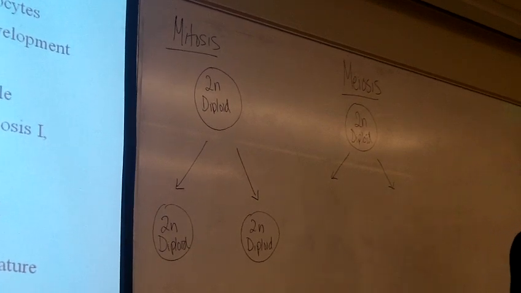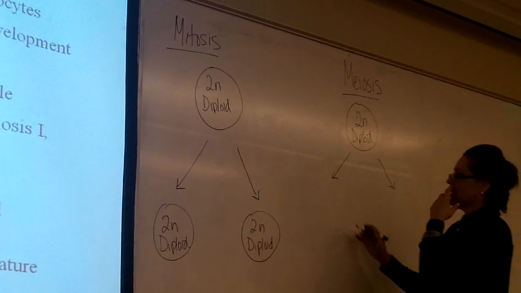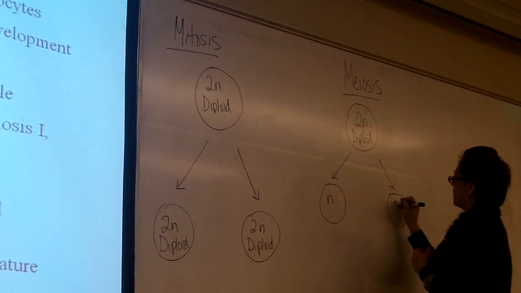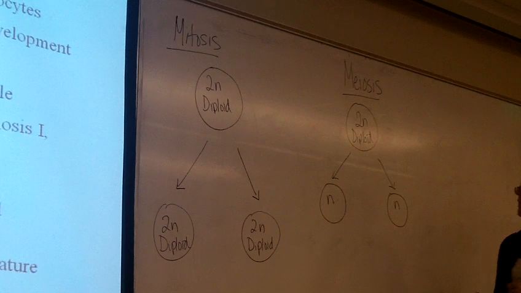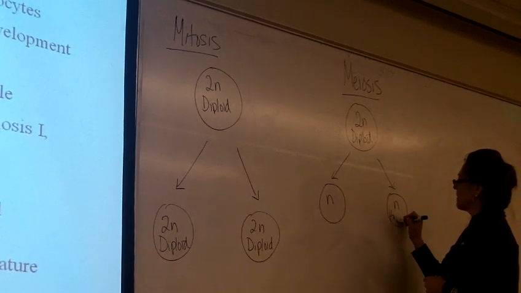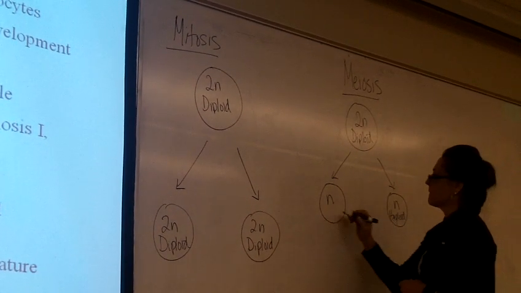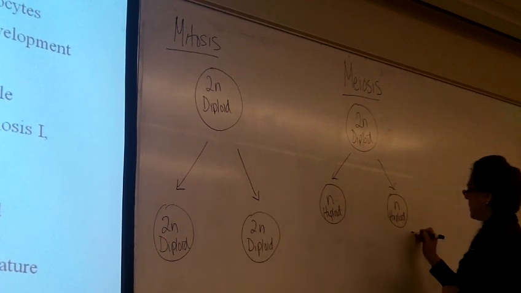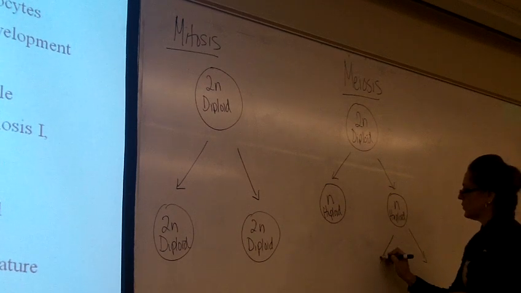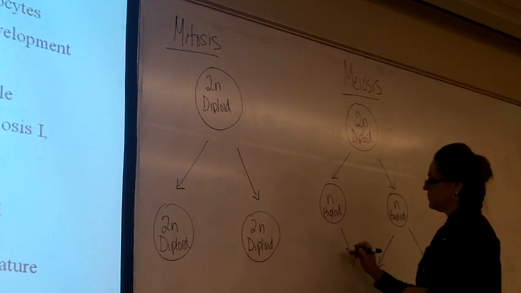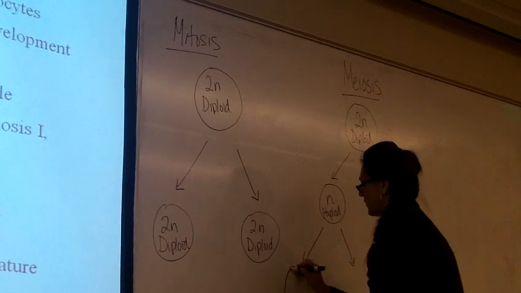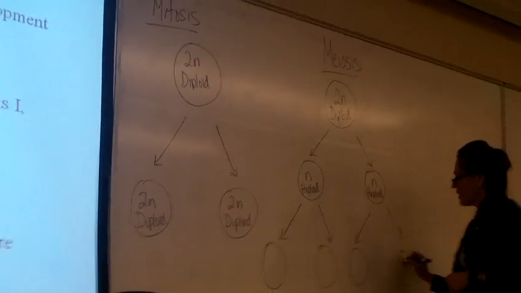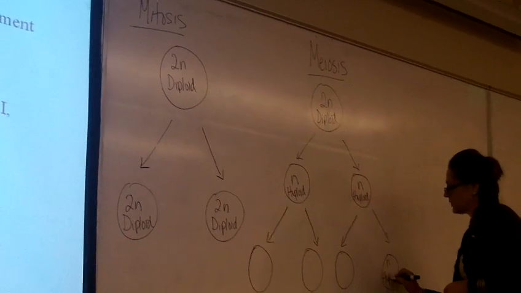The first division would be part of meiosis 1, and we're going to end up with 2 haploid cells here. And then each of those cells will undergo meiosis 2, and we're going to end up with 4 haploid cells.